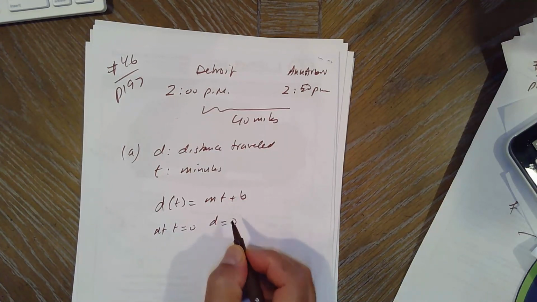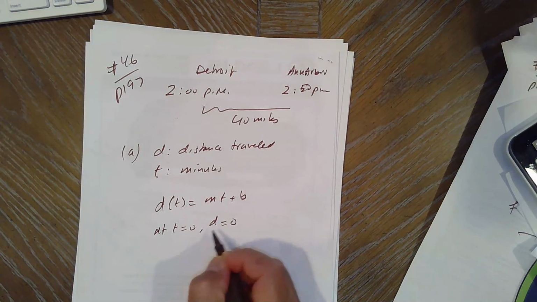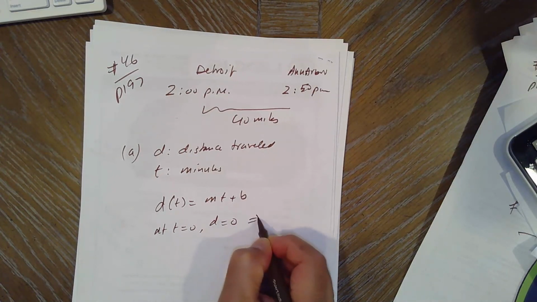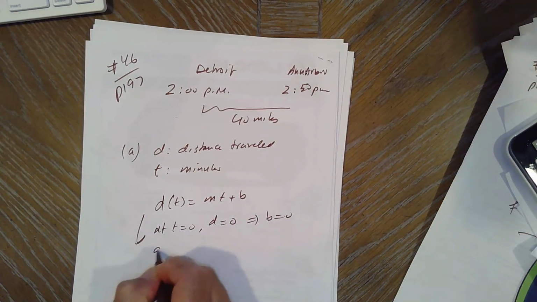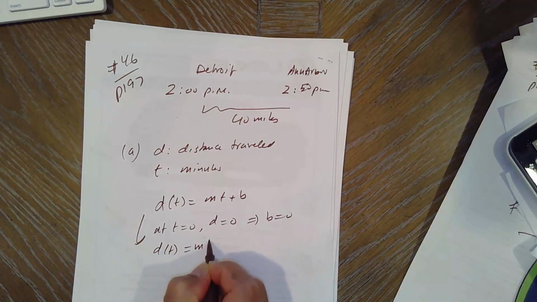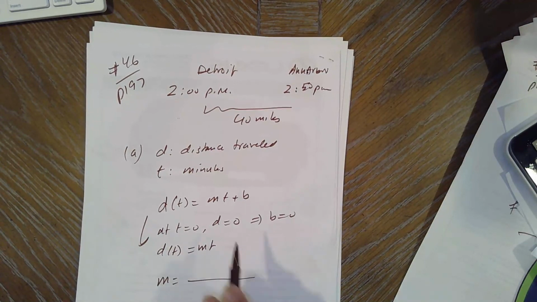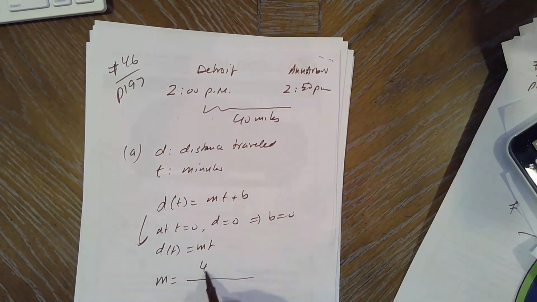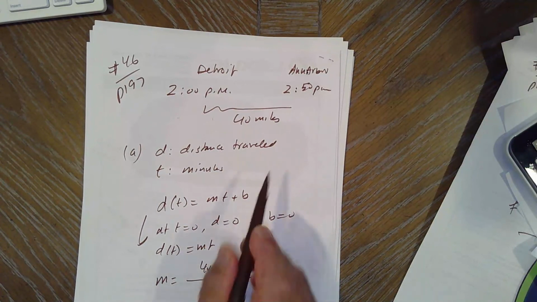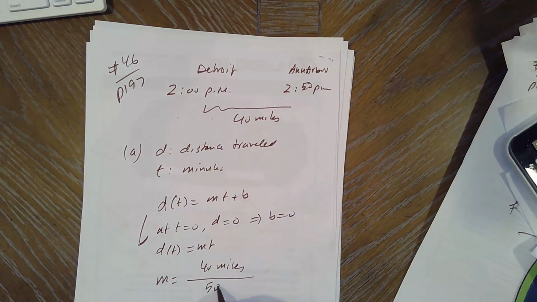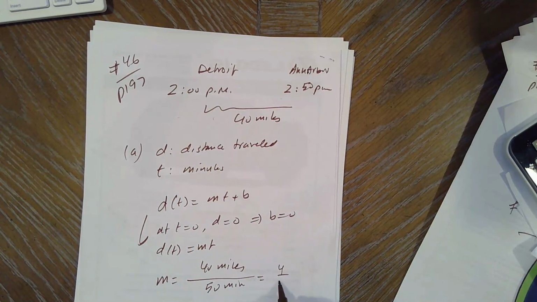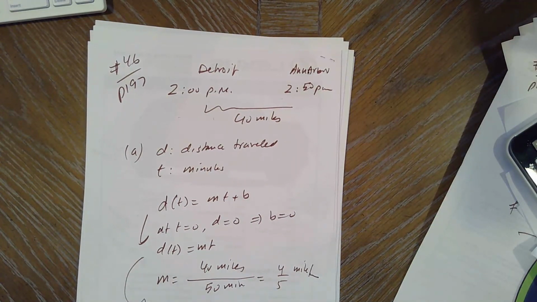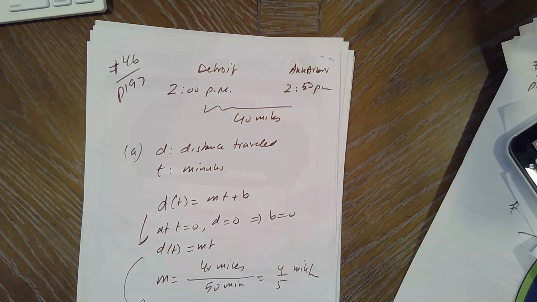D was 0. Okay, at t equals 0, d equals 0, so b is 0. So no y-intercept. So d of t equals mt. M is the slope, change in distance over change in time. So it's 40 miles over how many minutes? Over 50 minutes, which is 4 over 5 mile per minute. So d equals 4 over 5 t.